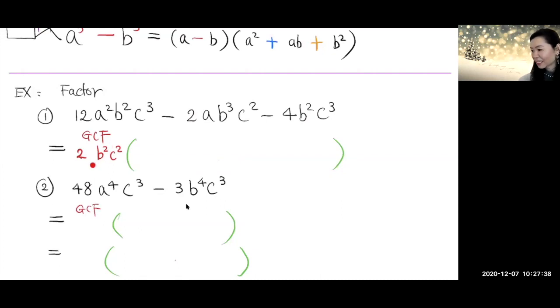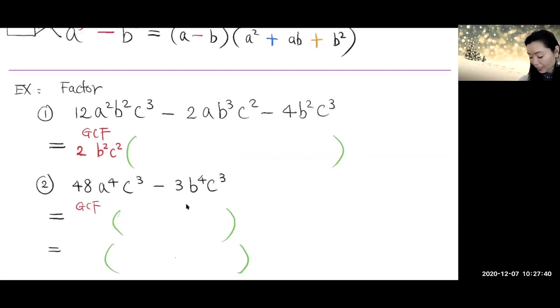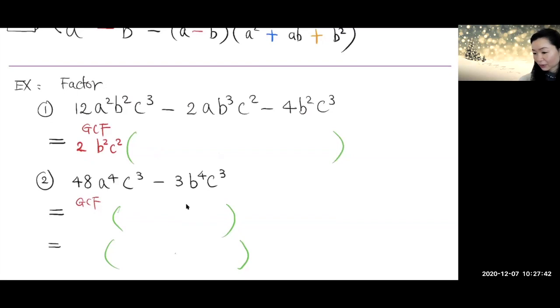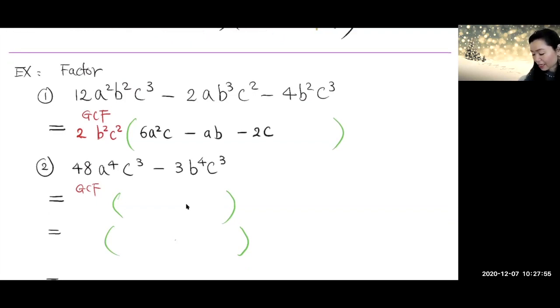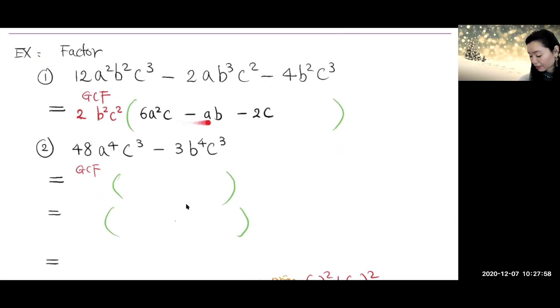Yes, you got it. Good job. Now put it in here. Inside the parentheses, we'll have 6a squared c minus ab minus 2c. And it looks like inside here I cannot factor this. It is not in a special form that you can use trial and error on. So that's the final answer here.